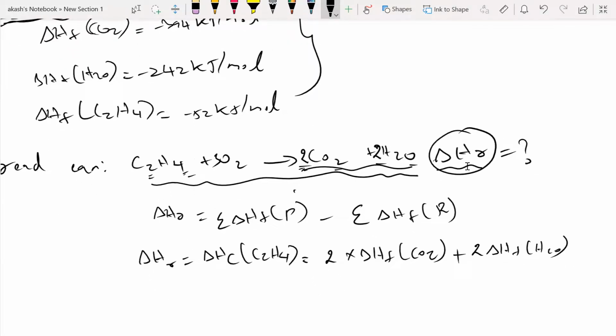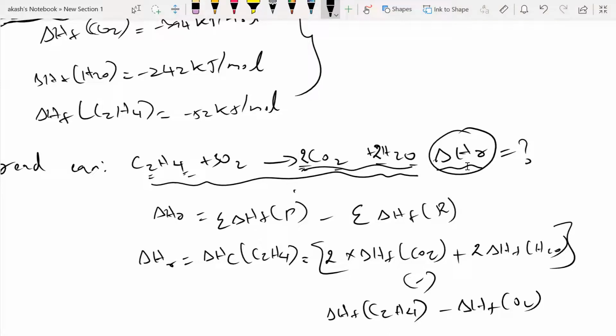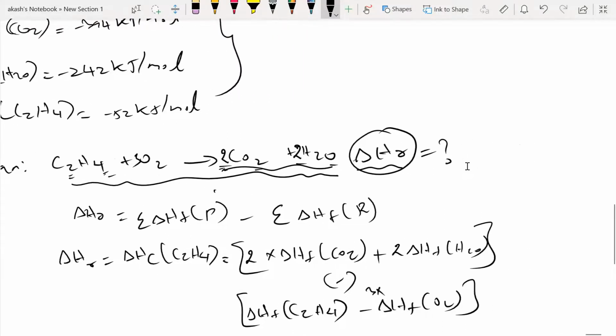Right? Now this is one term, that is your product part, minus the reactant part. The reactant part is the enthalpy of formation of C2H4 plus 3 into enthalpy of formation of O2. Right? And these are your reactants. This is how we write it. Is it not? Now people, can you substitute the values here?